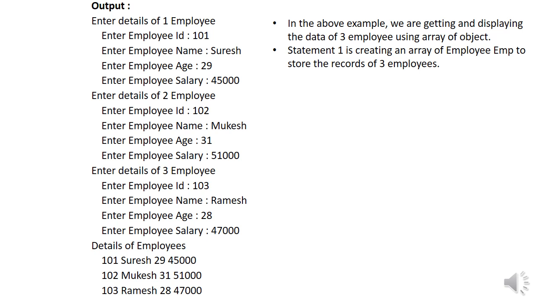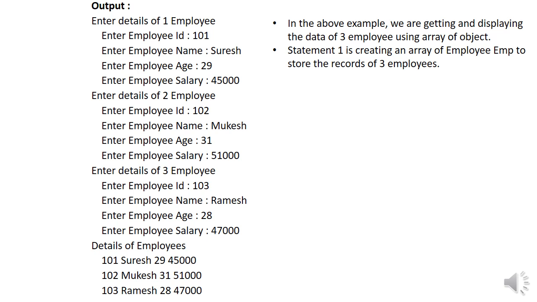Then we will display the details of all these 3 employees by using objects. So emp0.id will display the id of the first employee. emp0.name will display the name of the first employee. emp0.age will display the age of the first employee. emp0.salary will display the salary of the first employee.